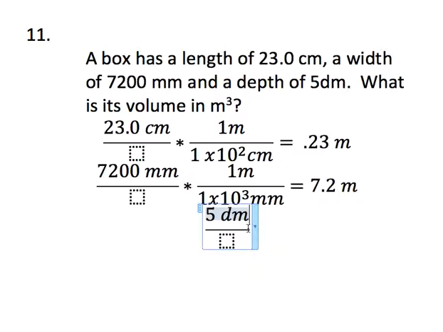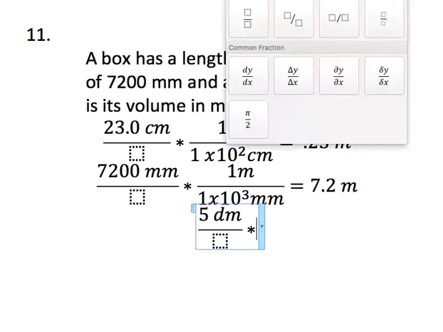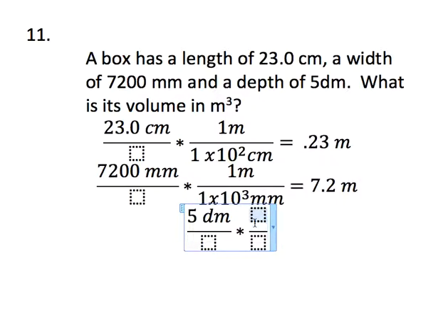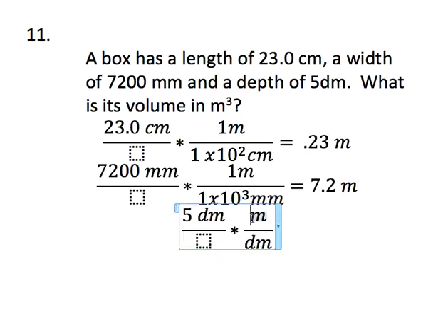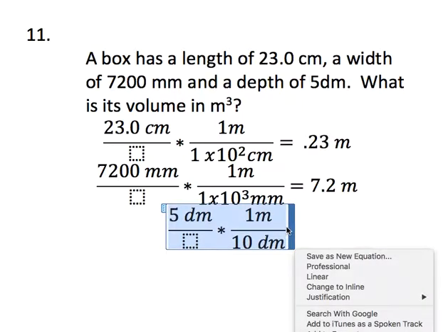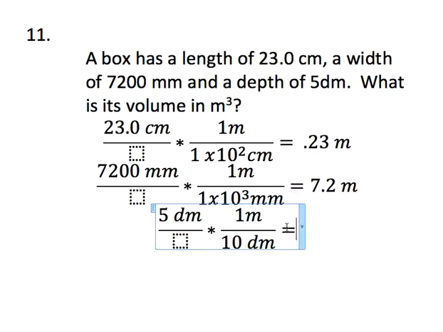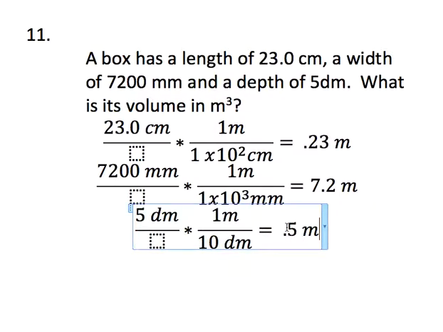All right, last one here for the depth. Conversion factor, meters on top, decimeters on the bottom. Meter is the larger unit. It takes 10 decimeters to make a meter. And so I've got 0.5 meters here.